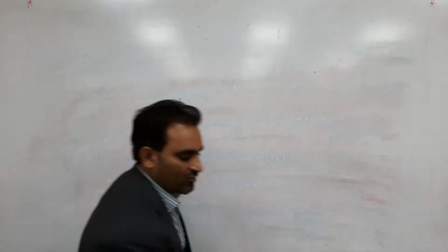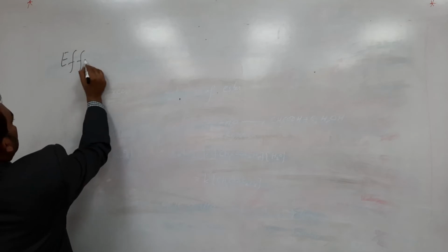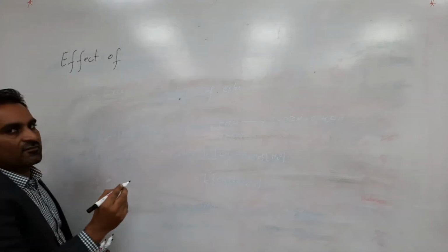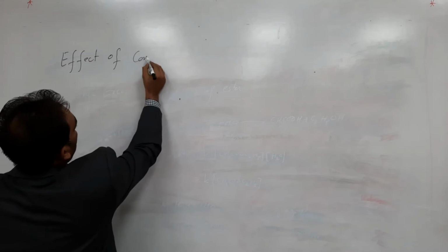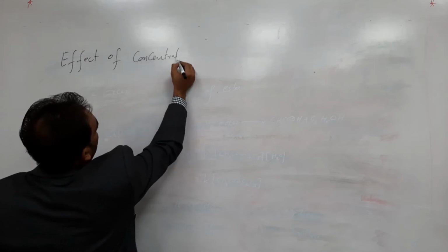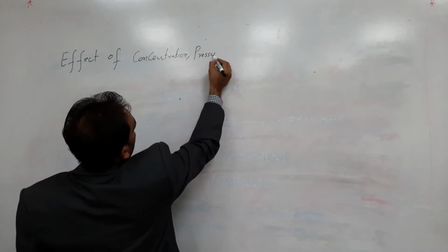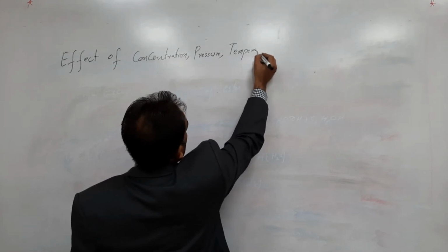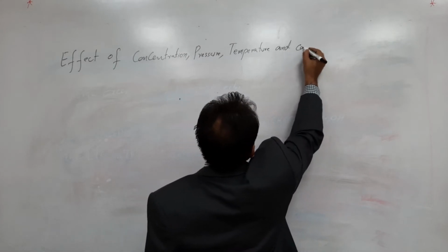In addition to this concept, today we have to study the effect of different parameters on the rate of reactions, meaning the effect of concentration of reactant, pressure, temperature, and catalyst.